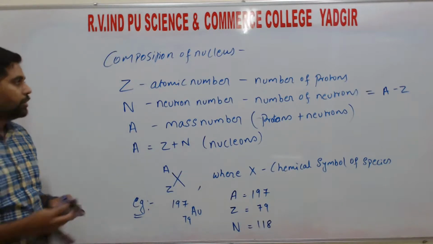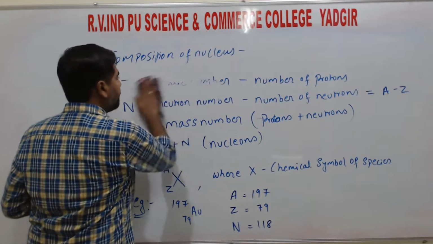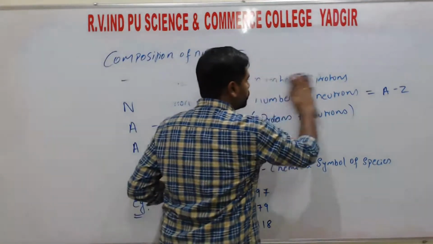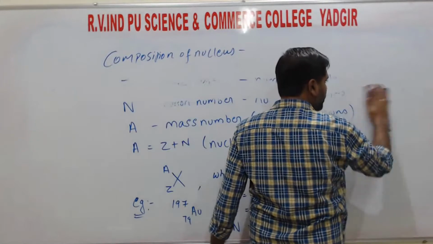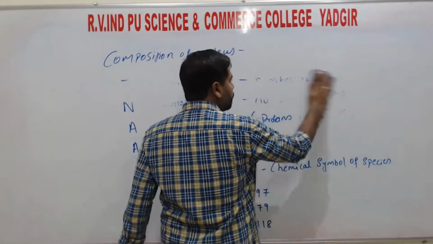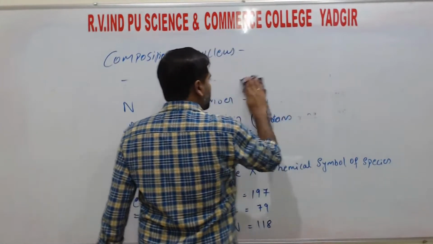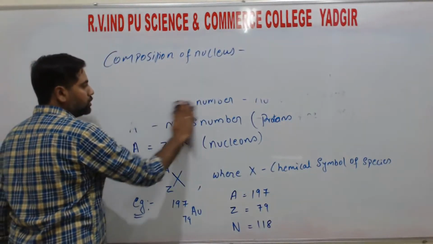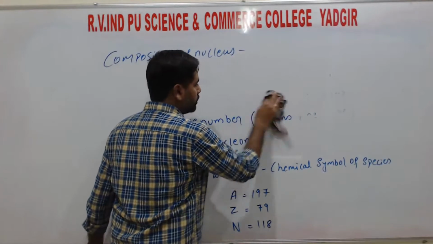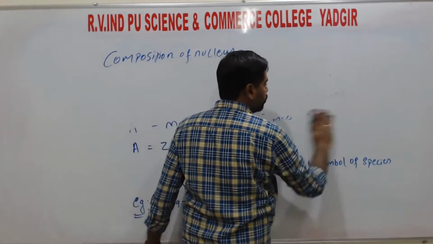So next, in the last class we discussed the hydrogen nucleus. The hydrogen element consists of 3 different types of masses, right? Each has the same proton number but a different neutron number.